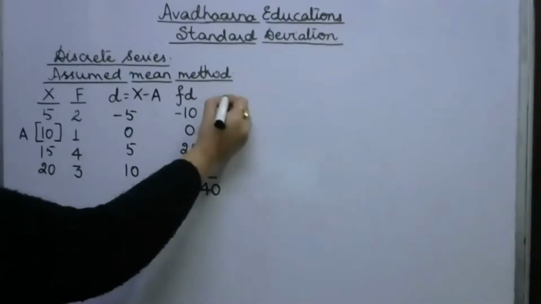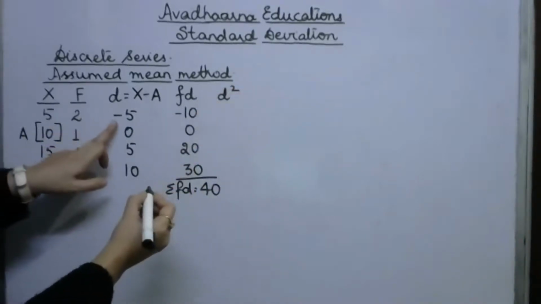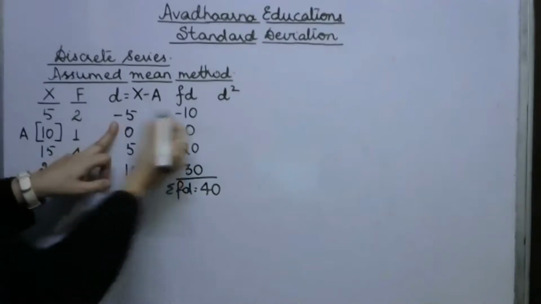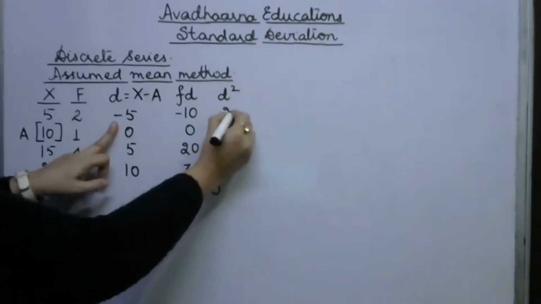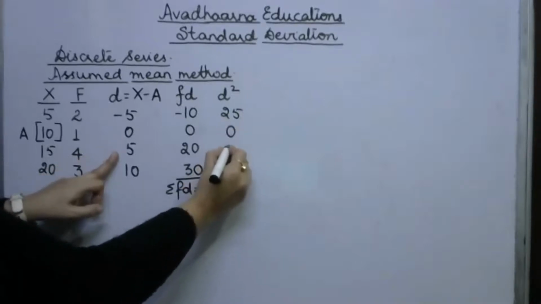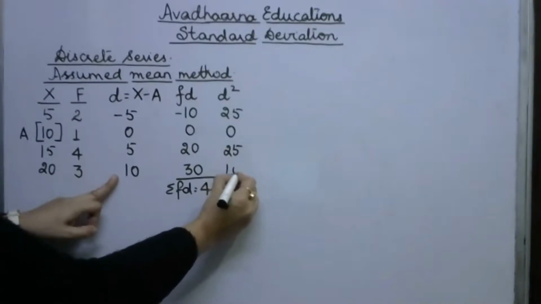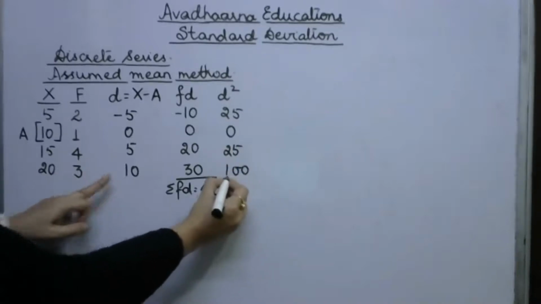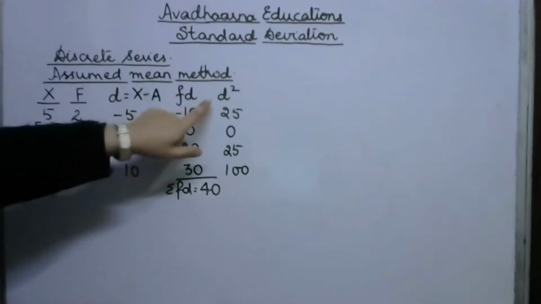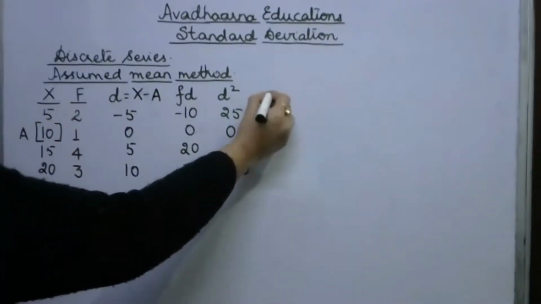Now let's calculate the deviation square. Minus 5 square is 25. 0 square is 0. 5 square is 25. And 10 square is 100. Now let's multiply these deviation squares with the frequencies.